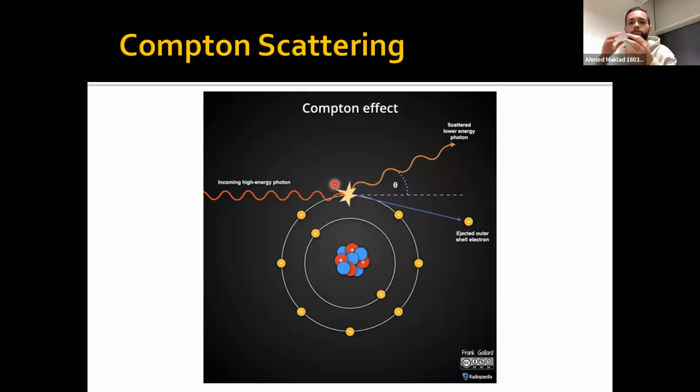And that's how it's able to knock it out and then bounce and still be there, but in a lower energy form. What is the energy of the incoming photon? Yes, E1 is the energy of the incoming photon. E2 is the electron in the outer shell.